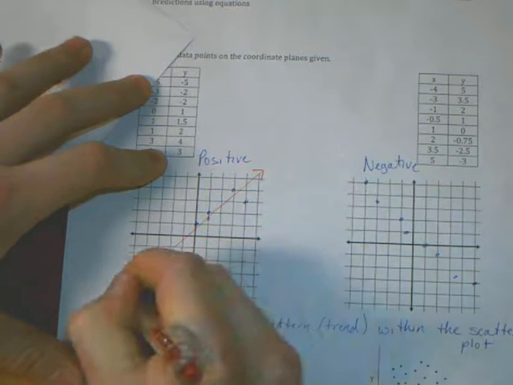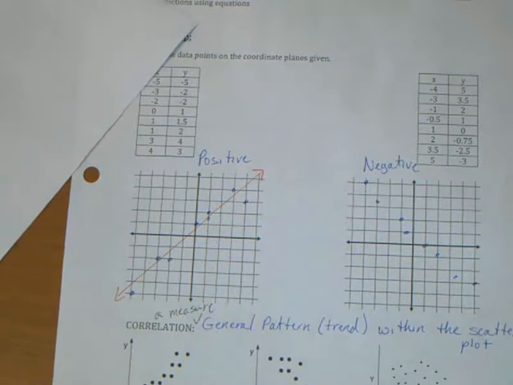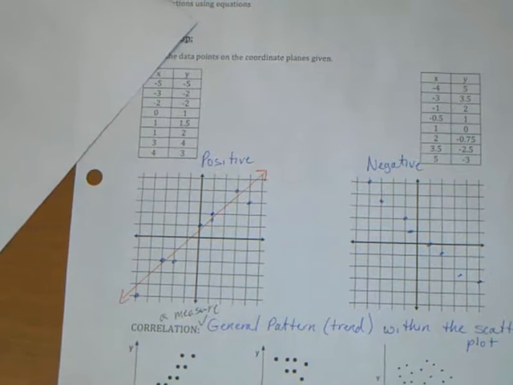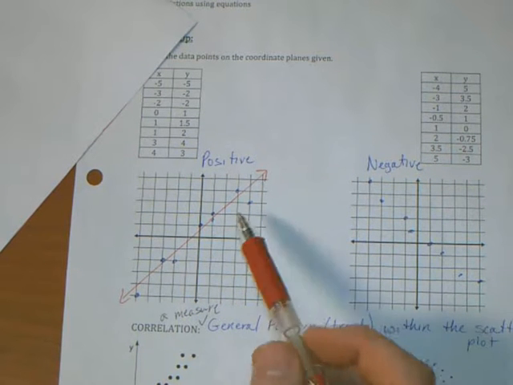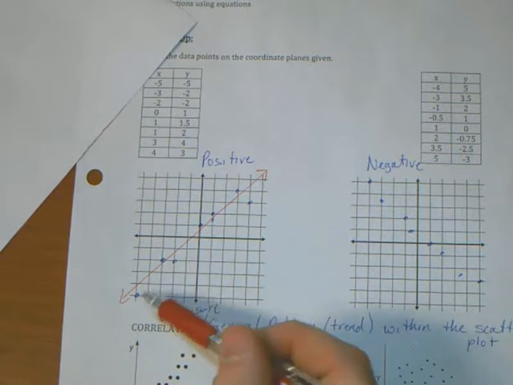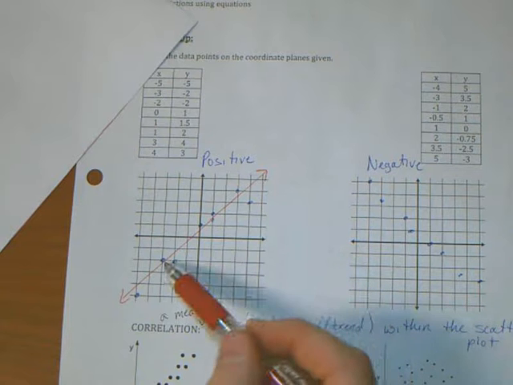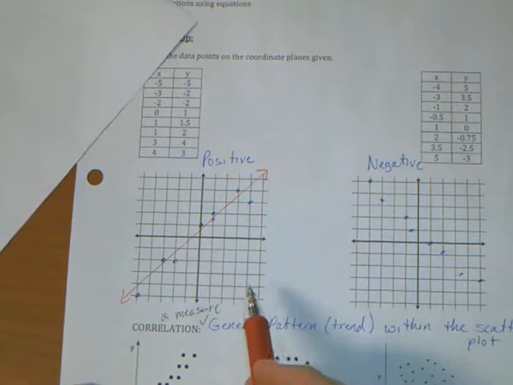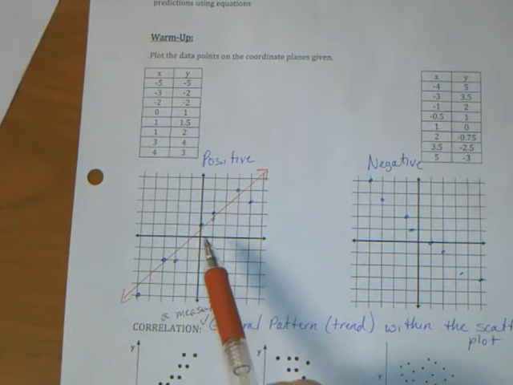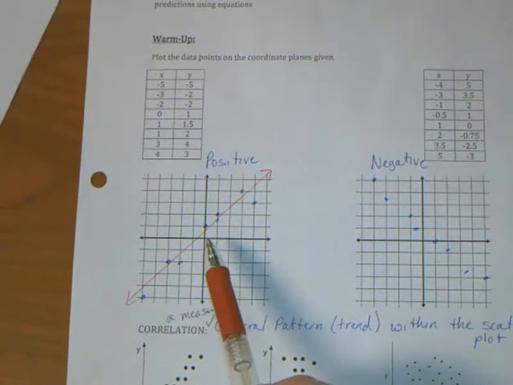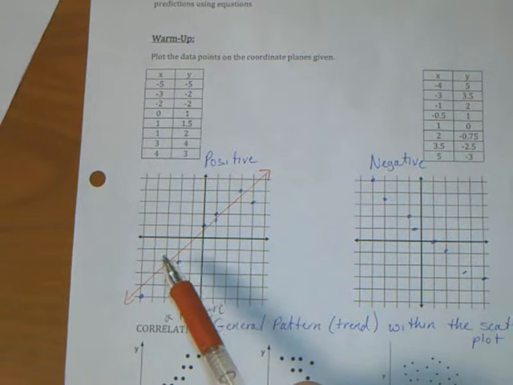I just took something straight and kind of eyeballed it. Mine has 4 points above the line, 4 points below the line. Yours doesn't have to look exactly like this, but it should be somewhat close.